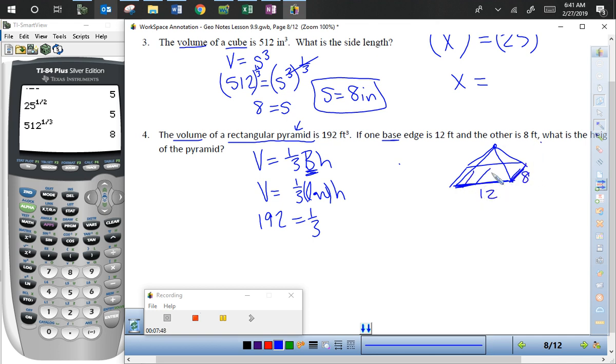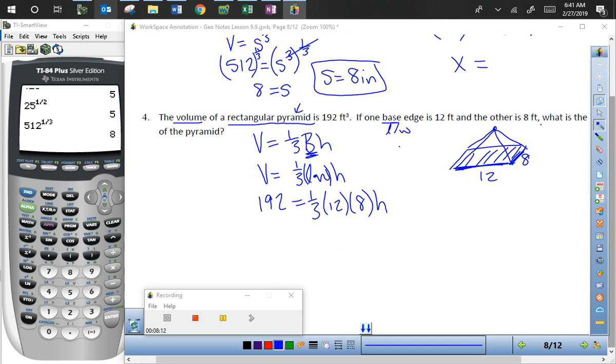Well, you'll notice both of those are on the base. Those are the area of the base, the length times the width. So if you see base, that's got to go in for your length or your width on this particular formula. So we've got 12 times 8. And then it says what is the height. That means we don't know it. Just like we did with the first problem, we want to multiply these numbers together and simplify them first.